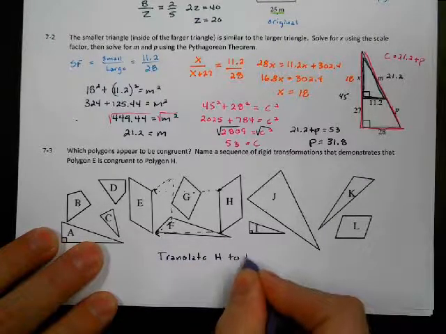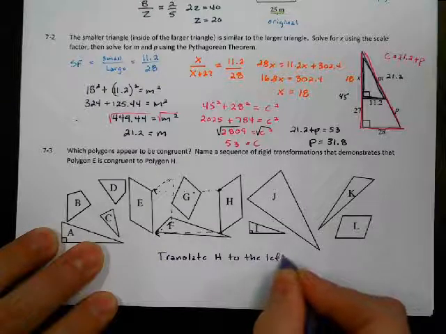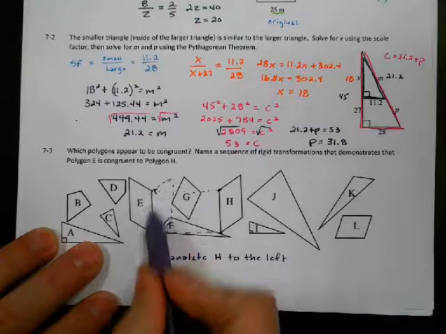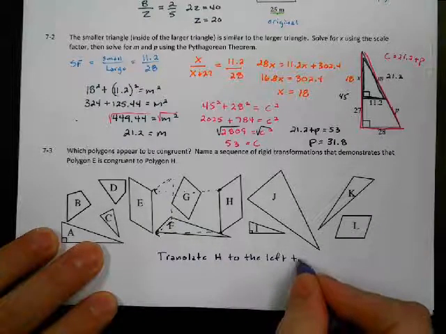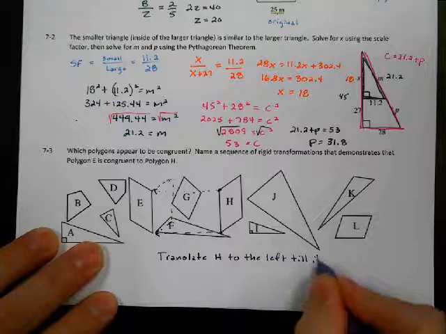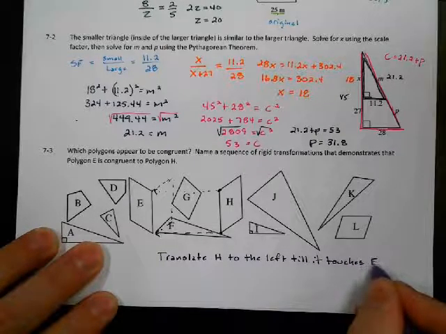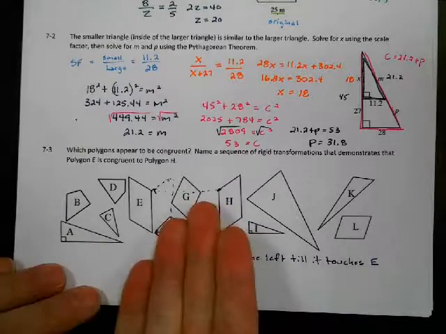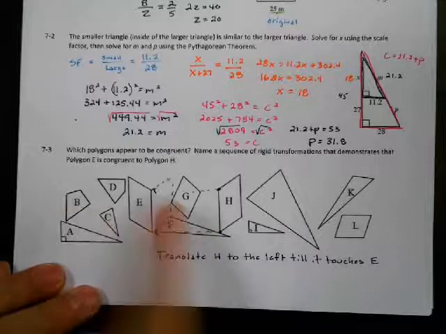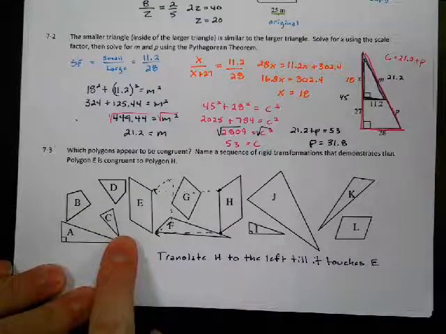And then I'd do it until it touches the side over here on E. Okay, after I translate it, I would probably reflect it. And then this side would reflect onto that side, and then they'd be on top of each other. And that's what would prove that they're the same, because once it's on top of each other, we see that they're the same exact shape.